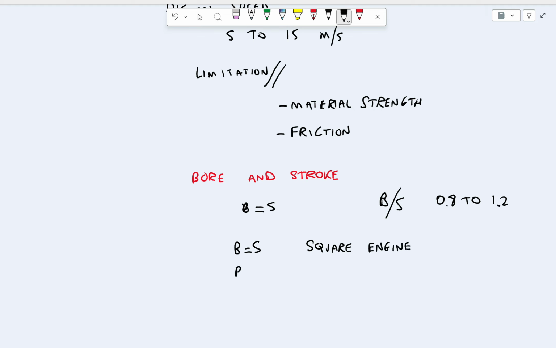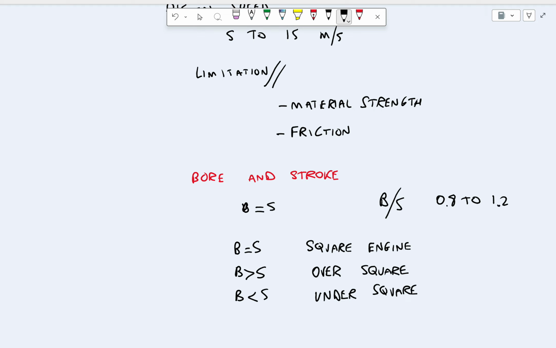Whenever our bore is greater than stroke, we call that over square. And whenever our bore is smaller than stroke, we call that under square. It's a way for us to understand what the designers were trying to do by changing the bore and stroke and the relationship between them.